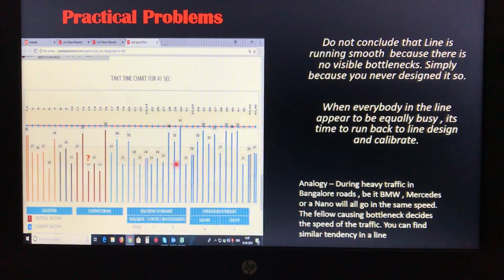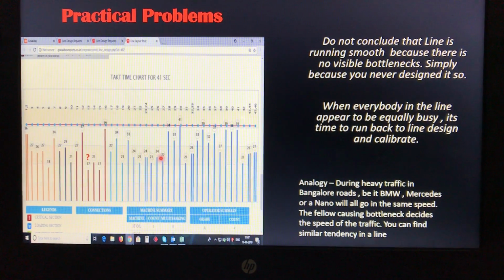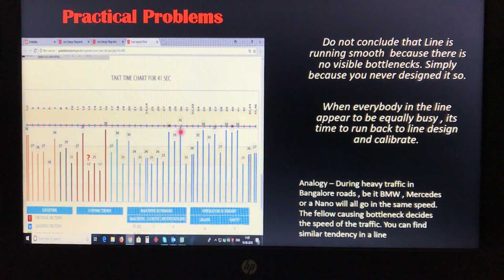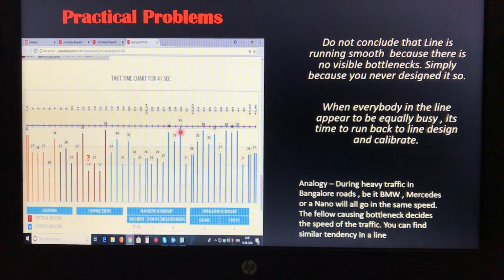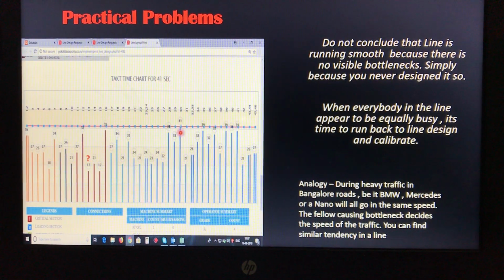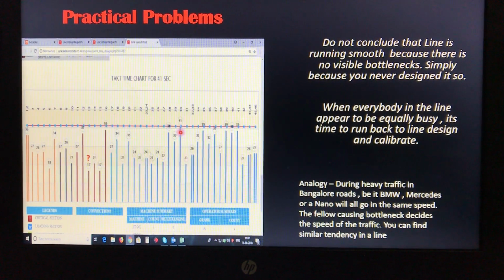This is the time you need to pull out your line design, take it to the operators and tell them, this is your time, this is your time. And this operator is the one who's supposed to be working at the highest OCT or highest SAM, who in turn decides the output of the line. I'll be touching this point a little later and much deeper. For the time being, I'll just move on to the next point.